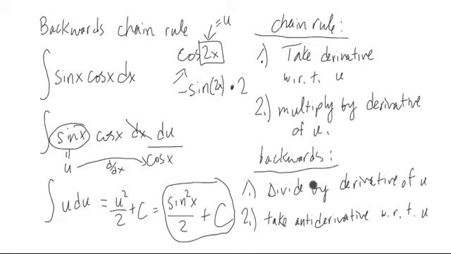Now, if we were to work backwards, what would happen? The first step is to divide by the derivative of u. So the derivative of u, which is 2x, we divide by. And then we take an antiderivative with respect to u. So now this looks like negative sine of u.